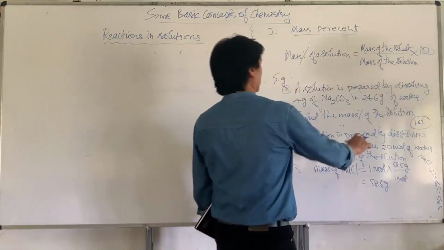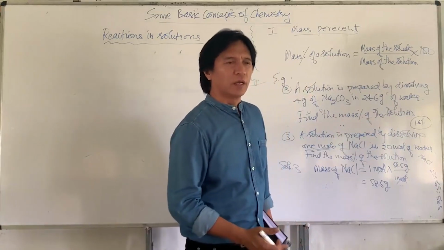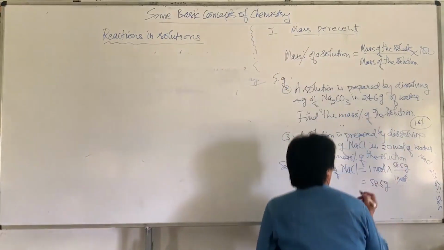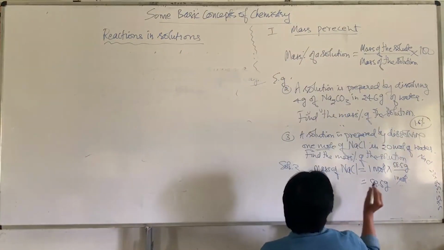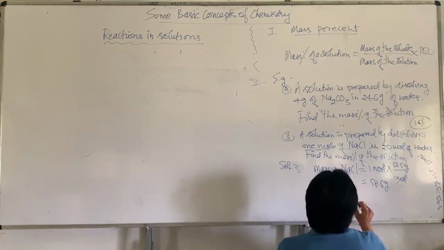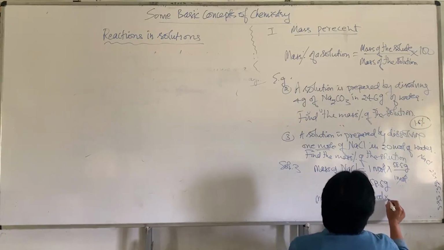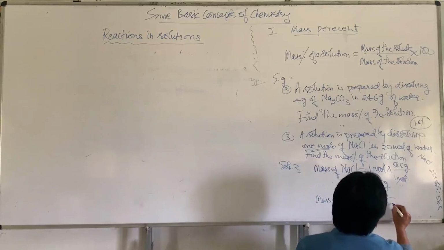Now next, the mass of water. You express 20 moles of water in terms of grams. We know that the molar mass of water is 18 grams. Again, using the unit factor, 1 mole of water is 18 grams.